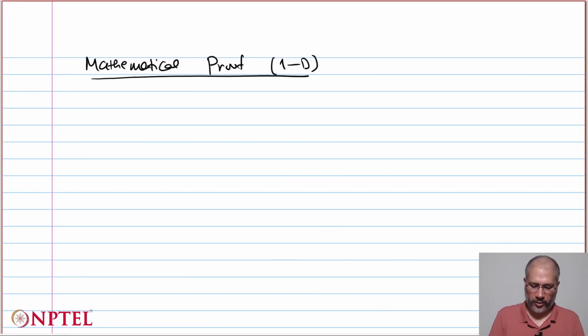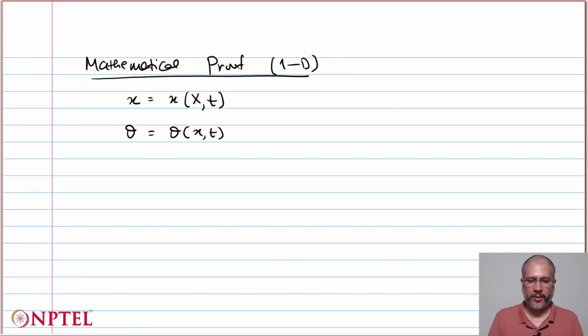So for our case, small x is some function of capital X and t. So this is our chi function, and theta is a function of small x and t, which is in the Eulerian form. But if I use capital X and t, that gives me the Lagrangian form.